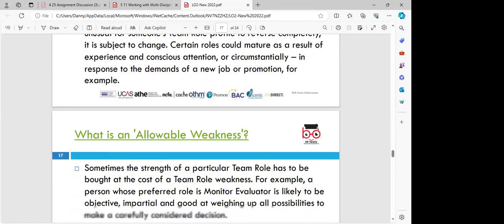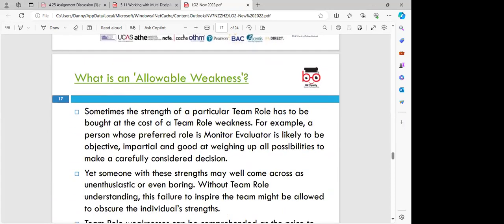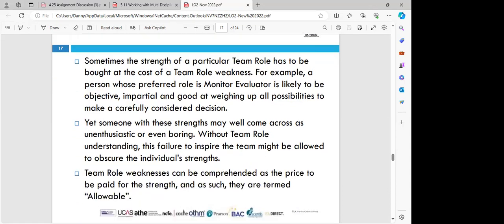So yes, what are allowable weaknesses? Sometimes strength of a particular team role has to be bought at the cost of a team role weakness. For example, a person whose preferred role is monitor evaluator is likely to be objective, impartial, and could weigh up all possibilities to make a carefully considered decision.